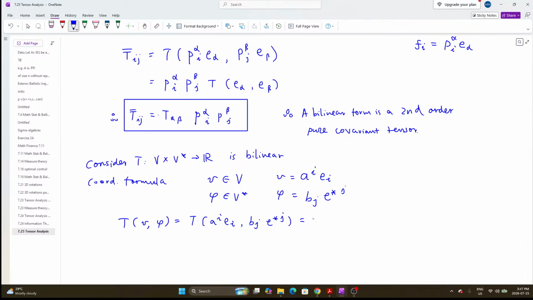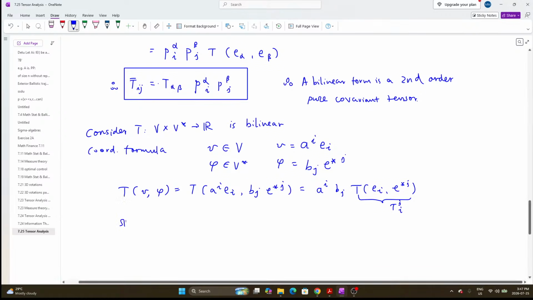Taking out the coefficient, you get a^i upstairs, b_j downstairs, T of e_i and e star j. And we're going to define this to be T_i^j, i downstairs, j upstairs.